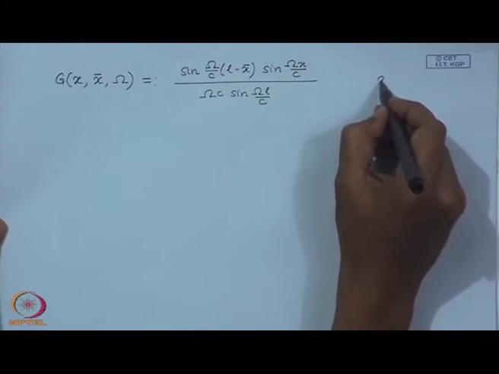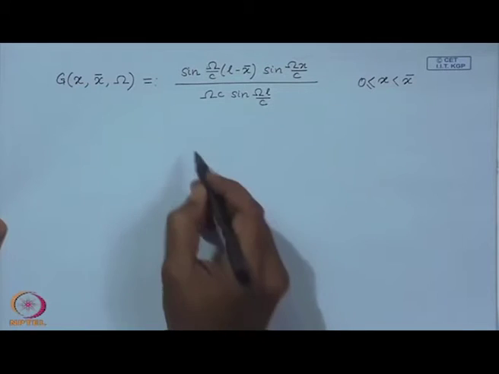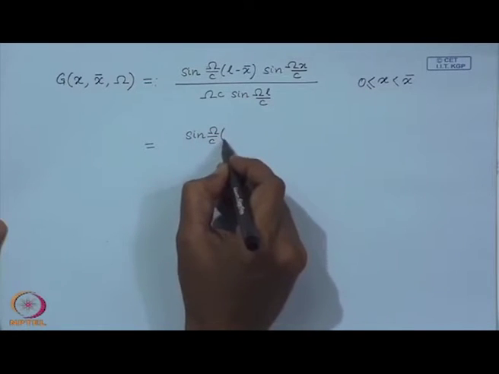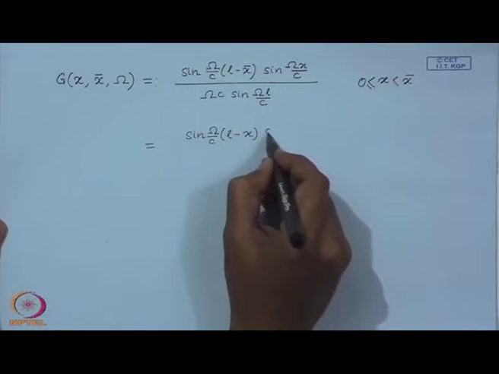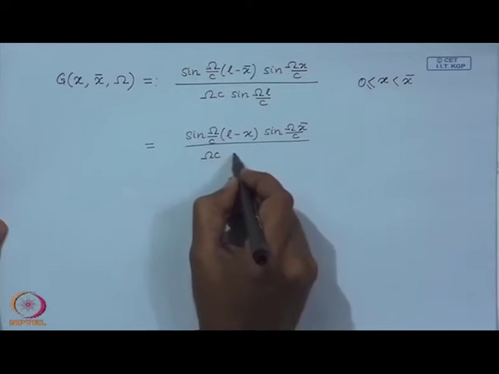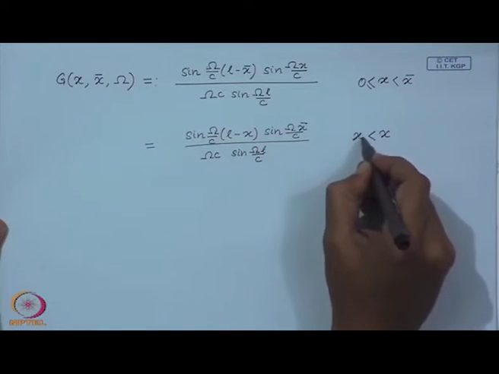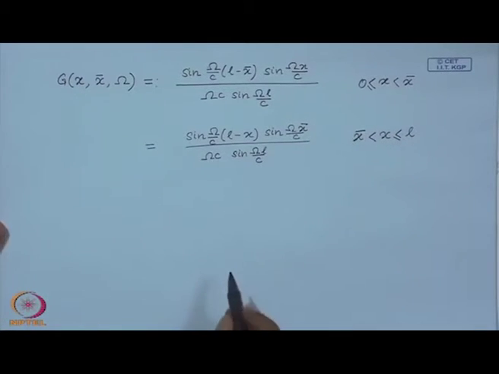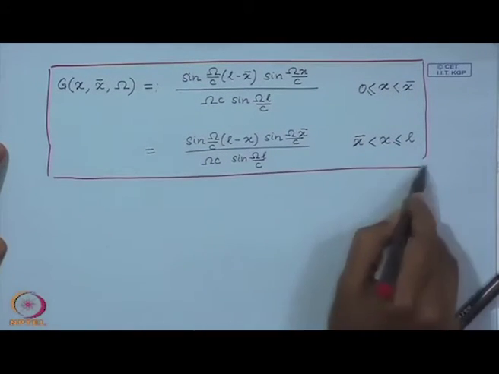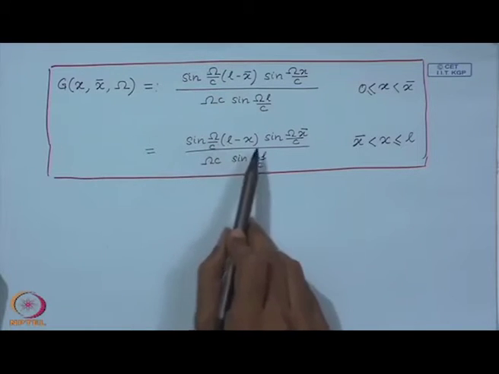So this, when x is between 0 and x bar, so this is our Green's function for the string when a concentrated harmonic force of circular frequency capital omega acts at x equal to x bar.